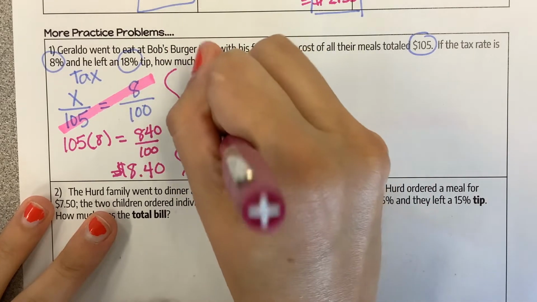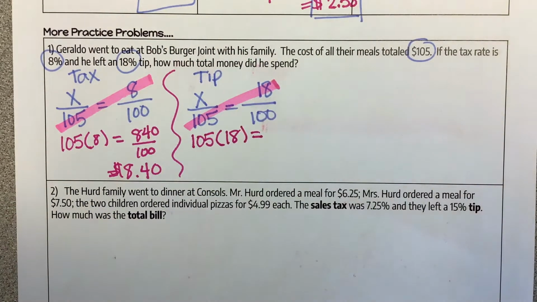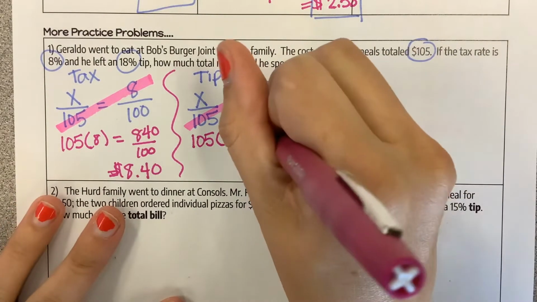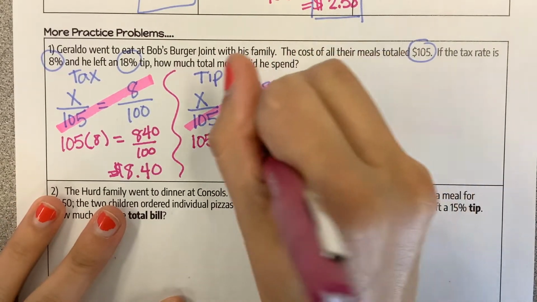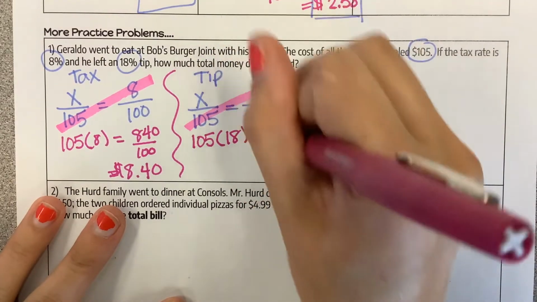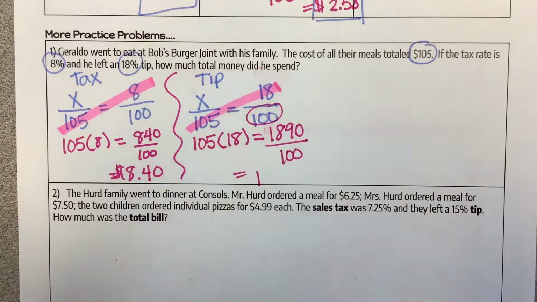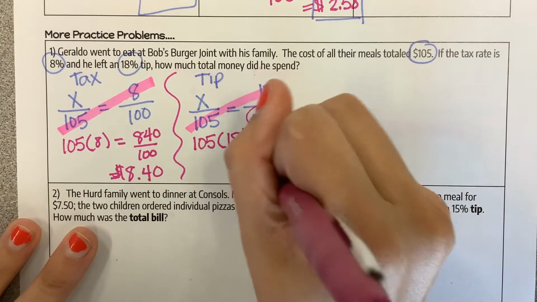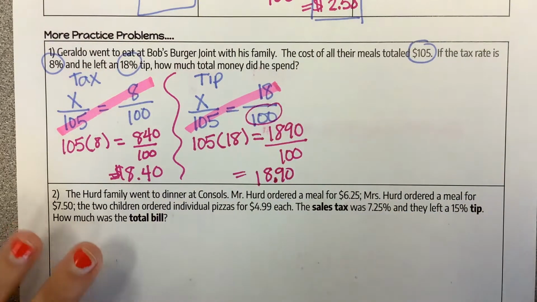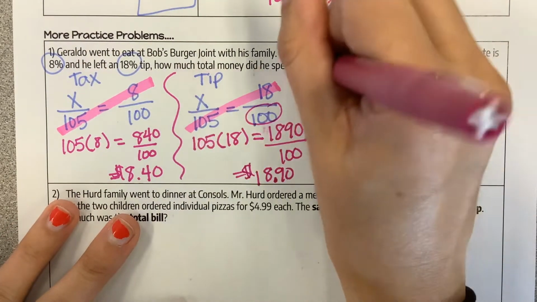So 105 times 18 is 1890. Divide by 100 gives us $18.90. So that is our tip.